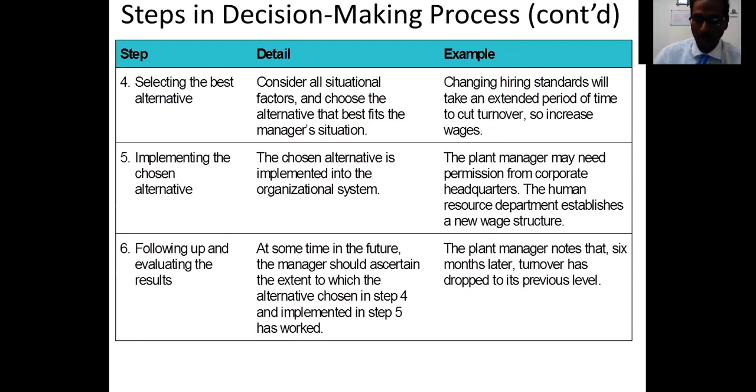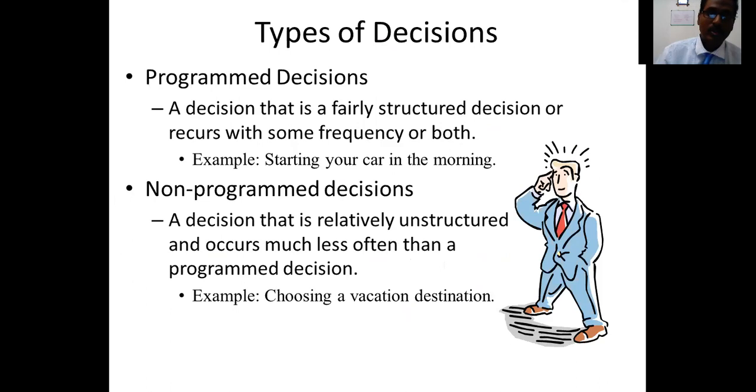Now we move on to the next one. Types of decisions. There are different types of decisions which we are going to discuss in this slide. We have two types: one is a programmed decision and another is a non-programmed decision. What is a programmed decision?